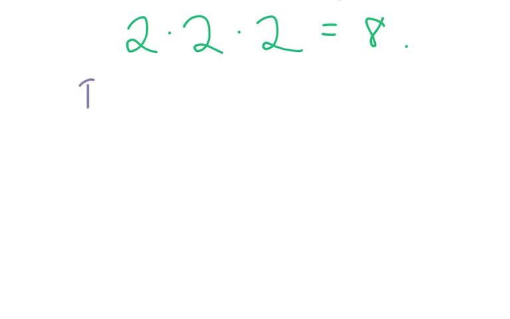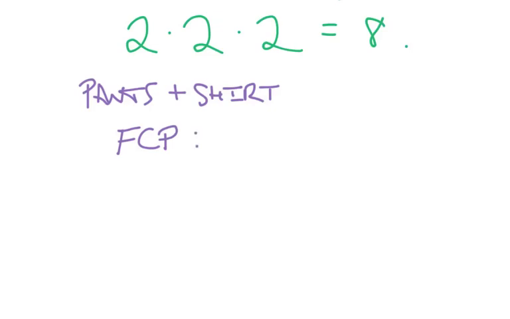If we do pants and shirt first, well, the fundamental counting principle says that we're going to have 2 times 2, which is 4 total ways of combining the pants and the shirts. All right, and I can use the fundamental counting principle because I only have 2 decisions to make.